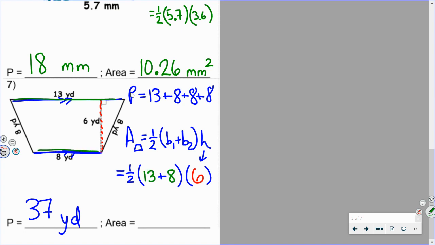Whether you write 8 plus 13 or 13 plus 8 won't make any difference. So essentially what we have is 1/2 the product of 21 and 6. And sure, I suppose you could go to your calculator, but listen, 1/2 of 6 is 3, and 3 times 21 will get us a final quantity of 63 square yards.